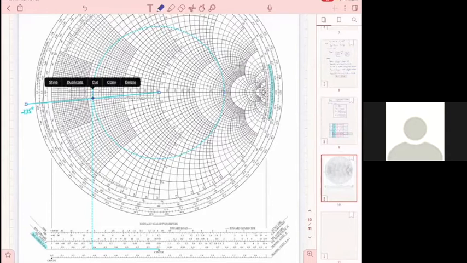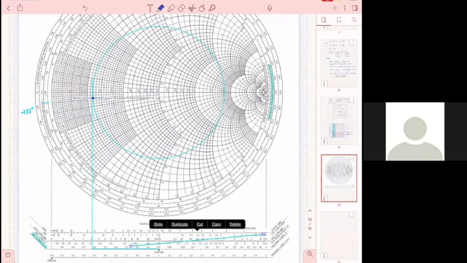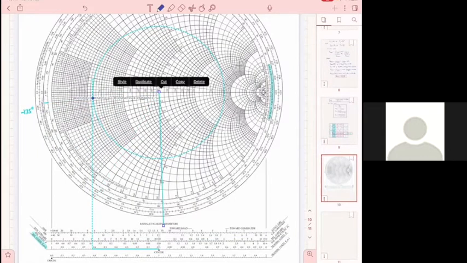Because if this line, the minus 175, were to be different, if the line were to be here or here, where would your center be?